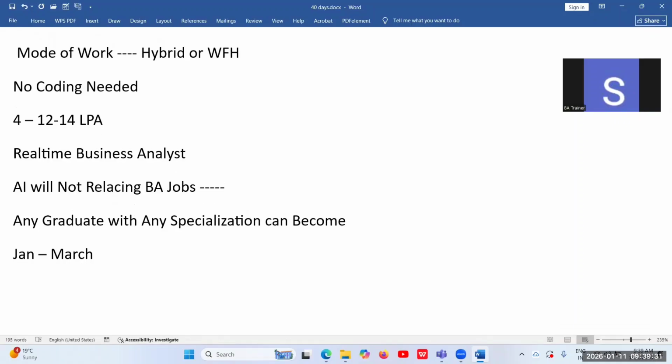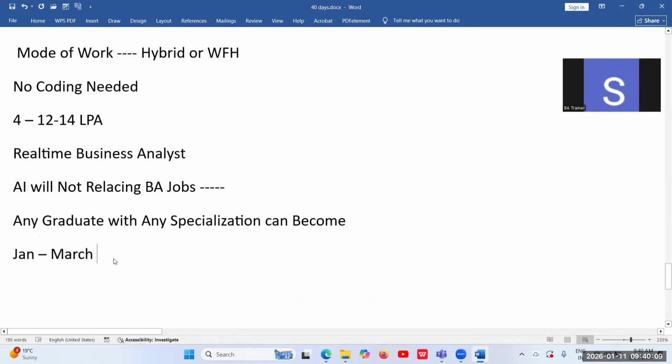The reason is that companies will bring new projects and new clients, and they definitely need new resources to complete the projects. So in this period, they will look for many candidates, whoever holds experience, and from a fresher point of view, they will be more focused on them. So January to March is very ideal for anyone to get a job, transition your career, or land your dream job.